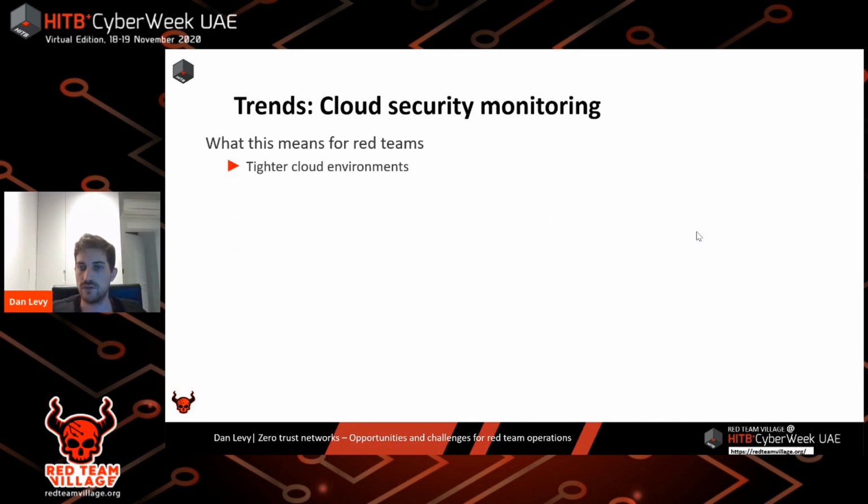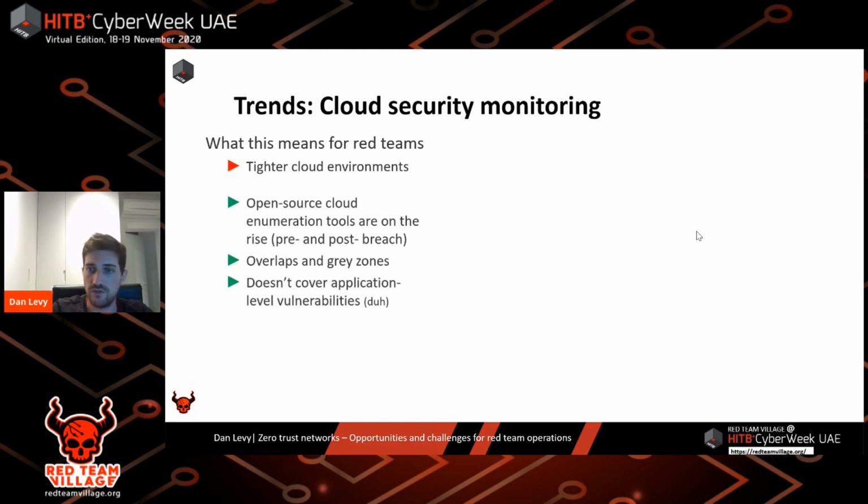So moving on to what this means for us. Number one, bad news. Cloud environments are going to be more secure. We can't expect the same hacks that we've been seeing 2 years ago, where an S3 bucket was left open to the internet, to become the norm 2 years from now. In the future, cloud environments are going to become more secure. Access is going to be more monitored and more scoped.